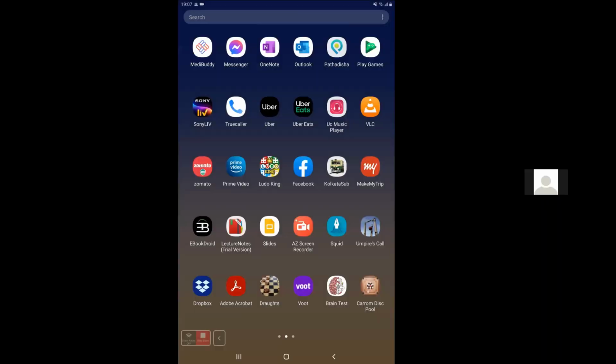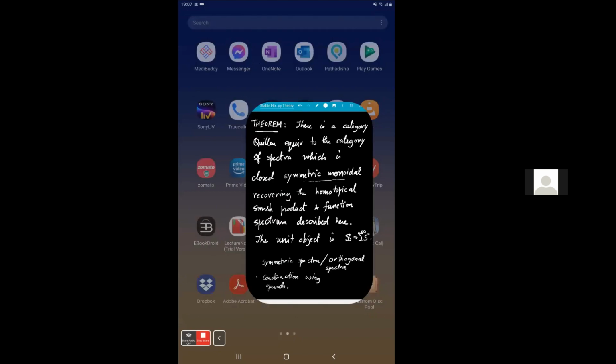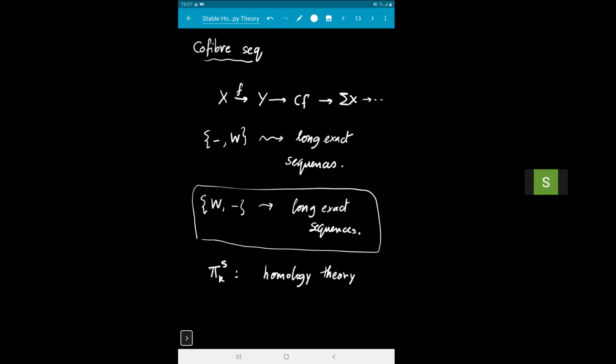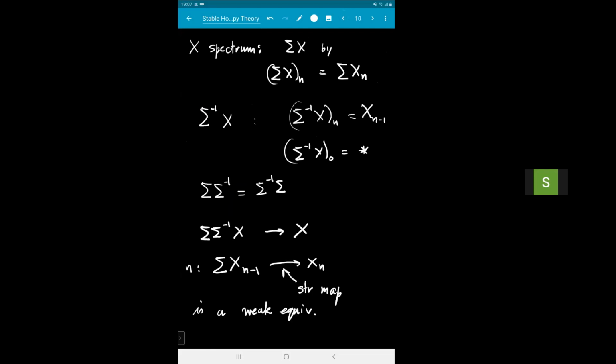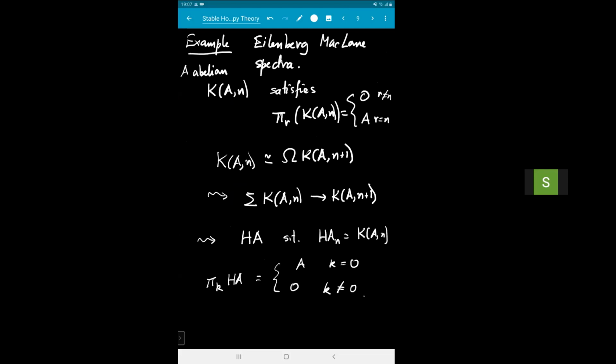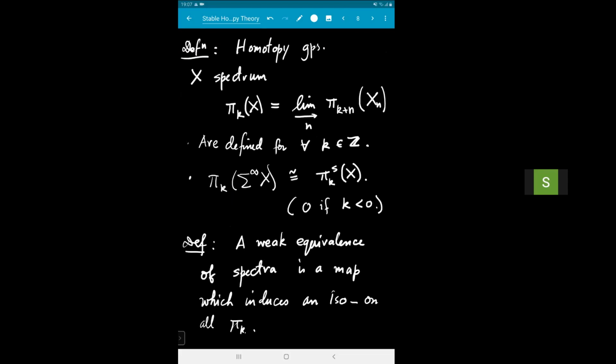Shamik, can you please share the one where you motivated spectra by looking at the Hopf map and suspending it? One second. Start. The one where I'm using the Hopf map. This one? No, before.